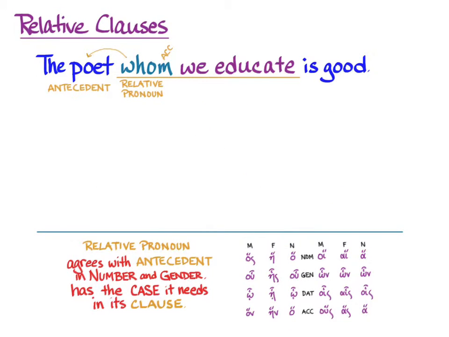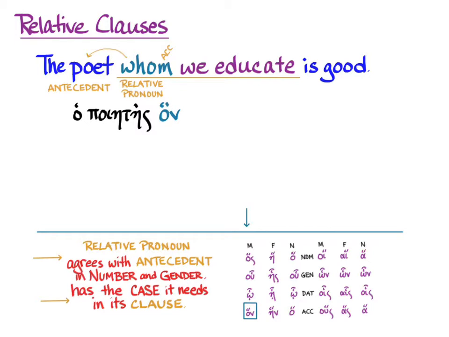Let's go on to our last good poet sentence. Here's our subject again. And we are now familiar with the fact that the poet is the antecedent, and so that means that our relative pronoun has to be masculine and singular to go with the first rule. This time, since whom is the direct object of we educate, we will use the accusative masculine singular.